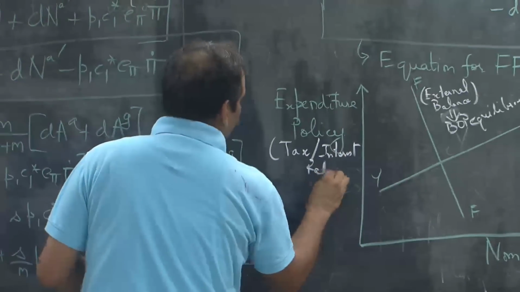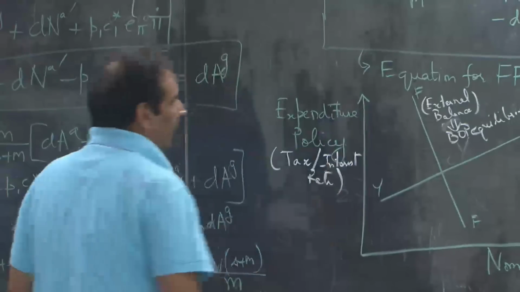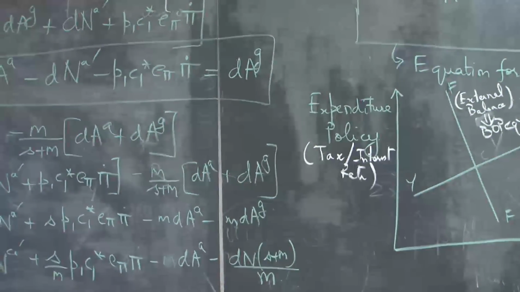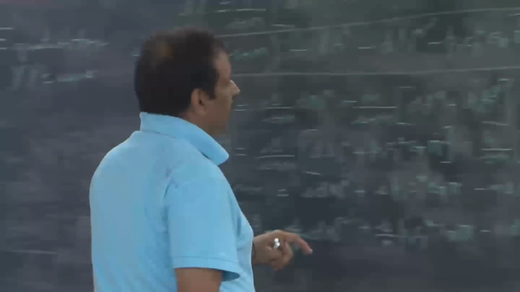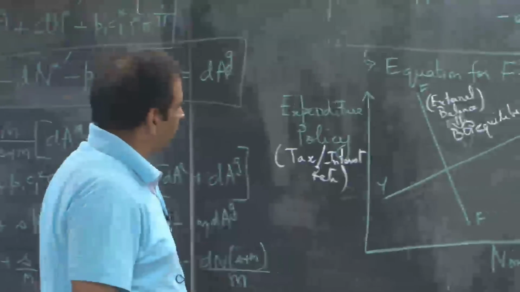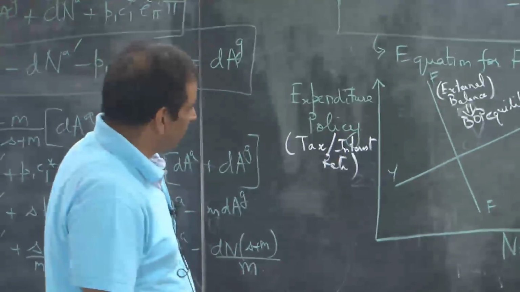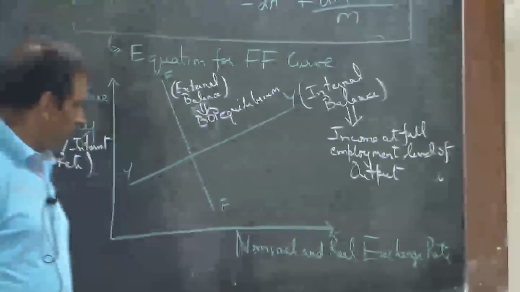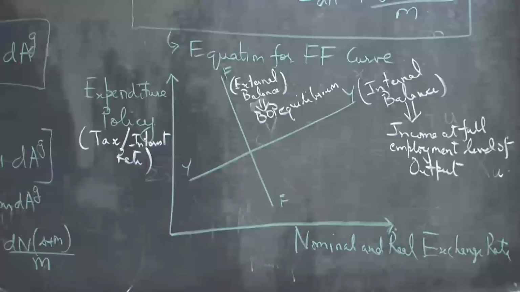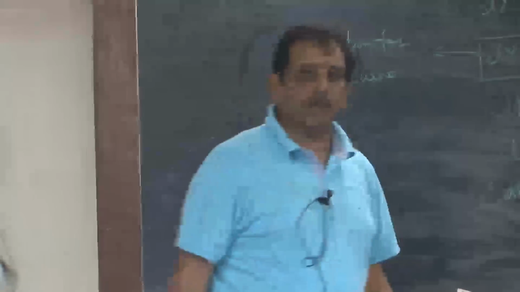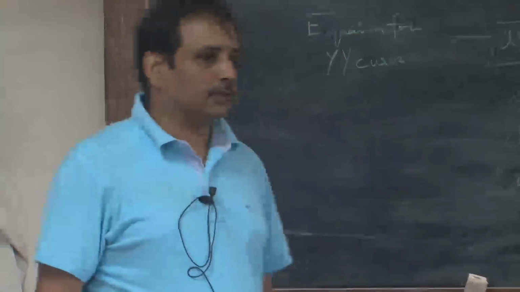So as we move up in the y-axis, you see an increase in tax rates and interest rates. It leads to more restrictive expenditure policies. And if you move on the x-axis to the right hand side, you see depreciation of the exchange rates.